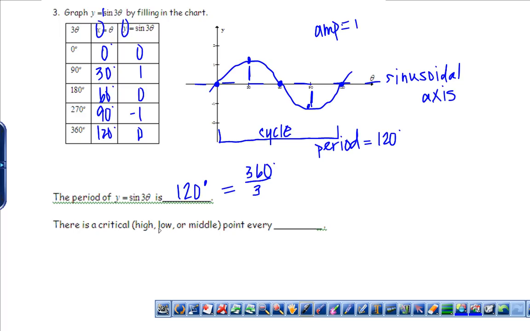There's a critical high, low, and middle point. So all these points that I'm plotting, there's one of those every 30 degrees. What are these points that I keep plotting? Well, these points are called critical points.